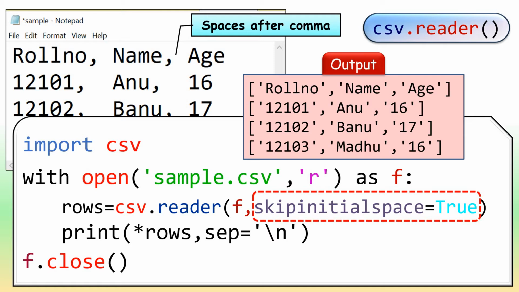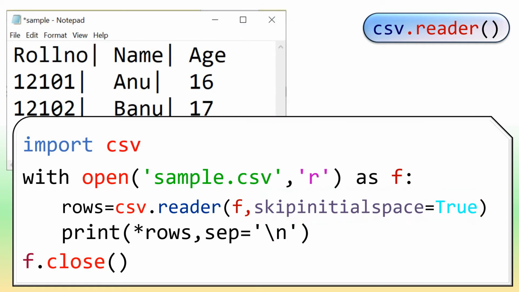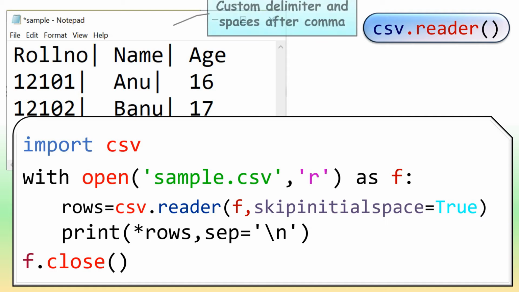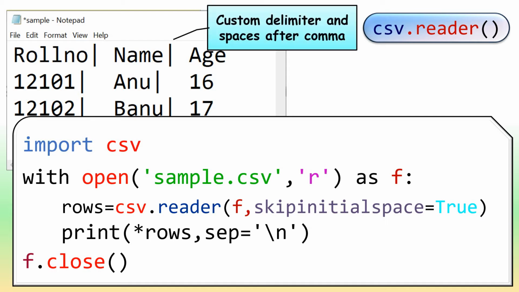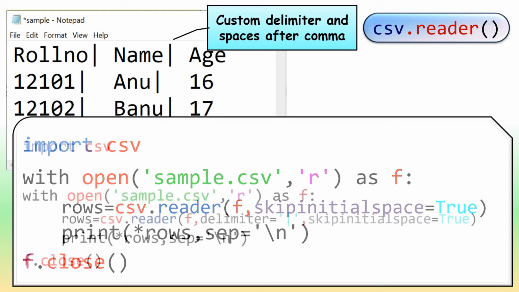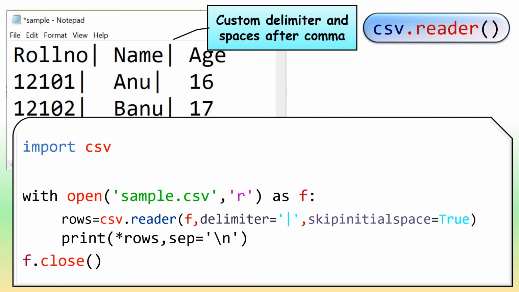Suppose in your notepad file, fields are separated by a custom delimiter and also there are spaces after the comma. Then you have to mention both the parameters in the reader function: delimiter is equal to pipe, comma, skipinitialspace equal to True. Now in the reader function, there are too many parameters.